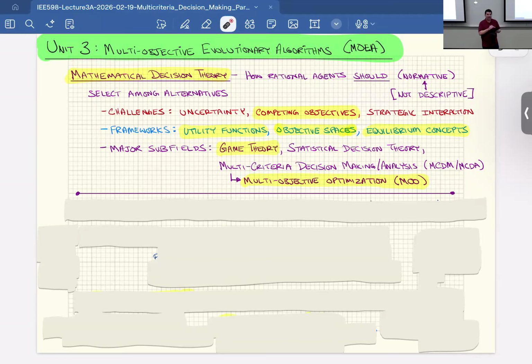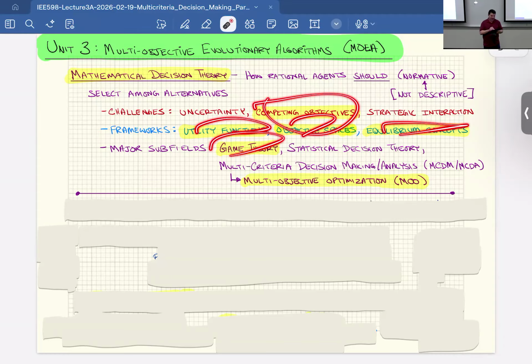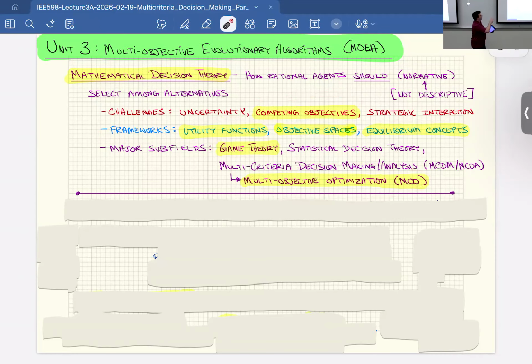The challenges here that I've highlighted are the ones that we are going to focus on, but if this were a class all about mathematical decision theory, we would do the non-highlighted things as well. Uncertainty is a big part of it. If you have multiple players and you care about all of their objectives together, and they need to make decisions which are aware of the other individuals that are playing, they have uncertainty about what those individuals are going to do, what the value of those things are for the other individuals, and so on.